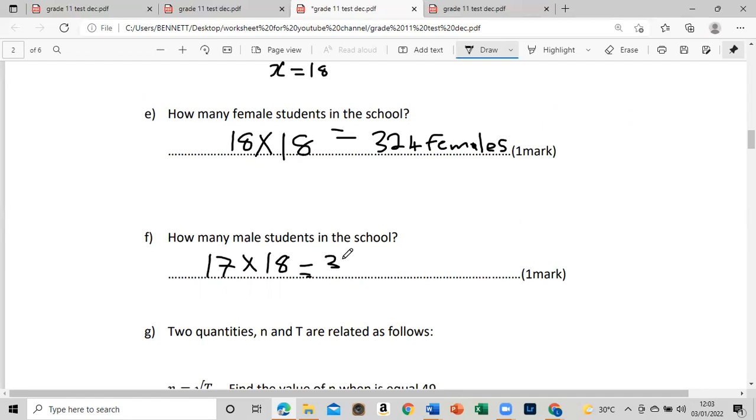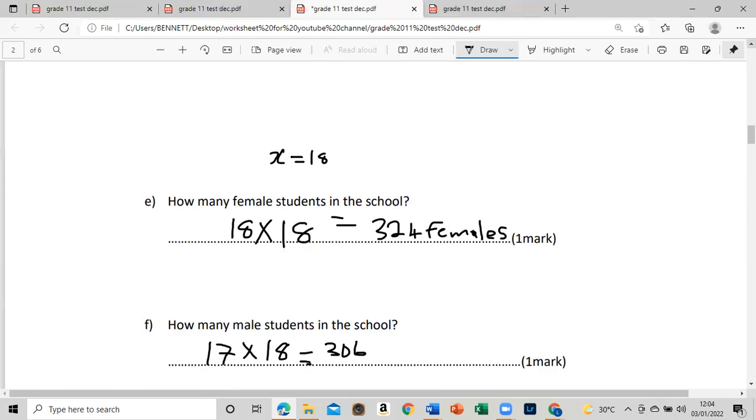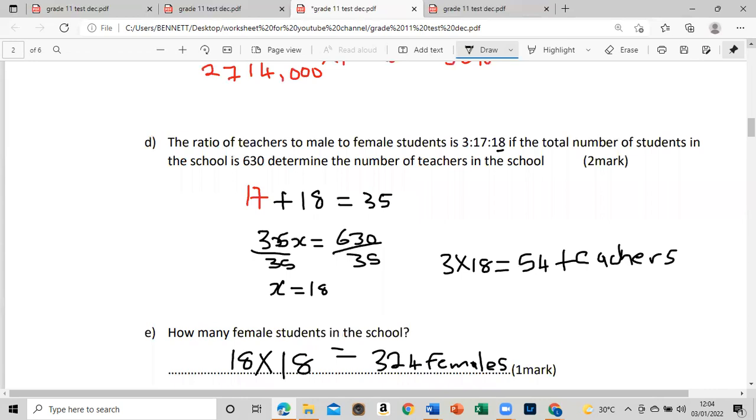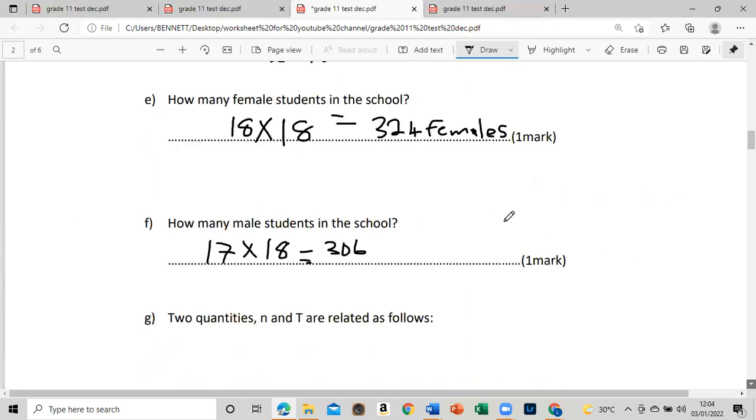Remember, they gave us 630 students in the school. So if 324 are female, we could subtract it from 630. These two must give us 630. So we can check 4 and 6, 10, 30. Yeah, so it's correct. All right.